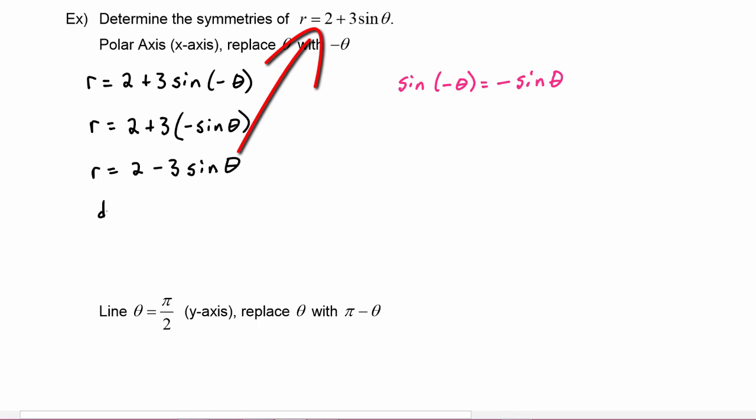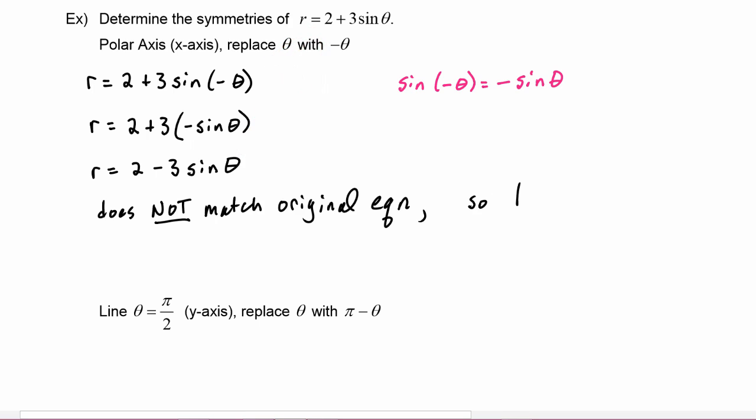Now this does not match the original equation, so we have to say no on this one. No polar axis symmetry exists for this equation.